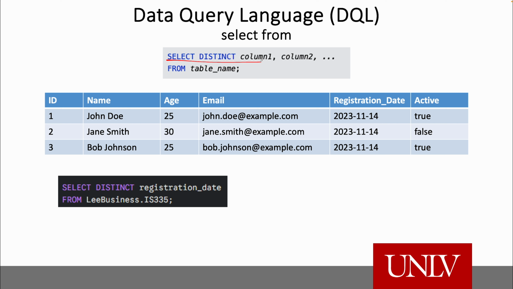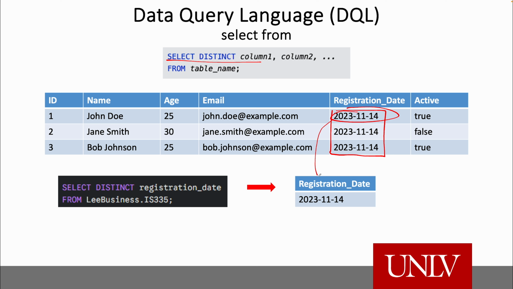This query will return a list of the unique registration dates from the IS335 table, eliminating any duplicate values from the result set, but not from our original table. Right here we can see that we have 3 same registration dates, which means they're all duplicated, so only one value will be kept in the result of the distinct statement.